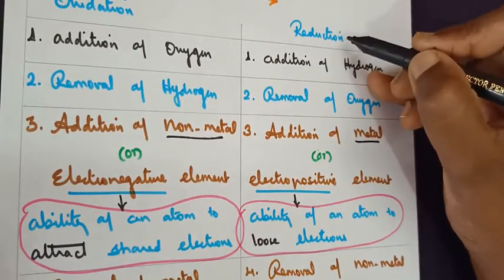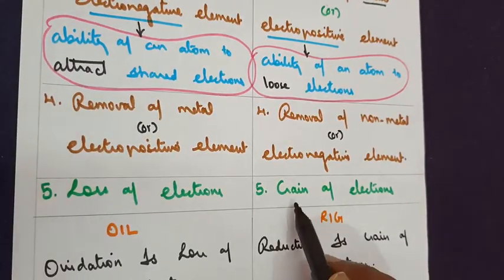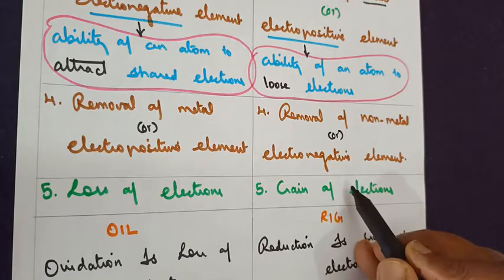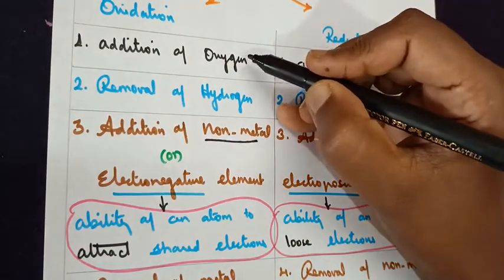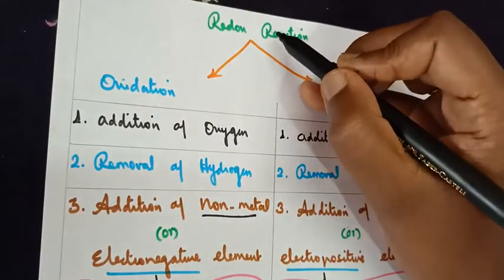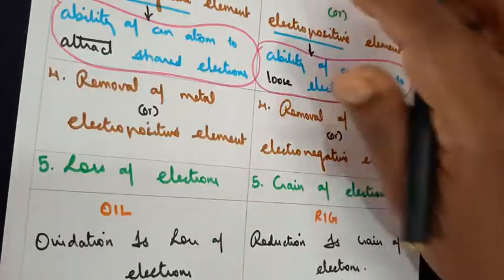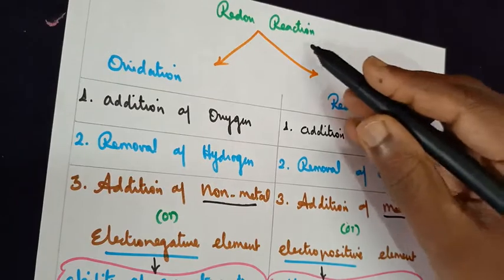Similarly, reduction is addition of hydrogen, or in other words, gaining of electrons. Here they are losing the electron, here they are accepting the electron. Two different concepts only: based on addition of oxygen and based on loss of electron, we will see oxidation type of redox reactions. Similarly, based on addition of hydrogen and based on gain of electrons, we will see reduction type of redox reactions.